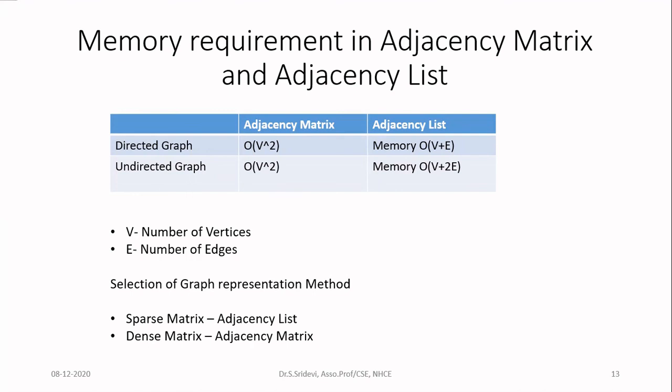That is going to waste memory. So in case of dense graph, sorry guys, there is a mistake earlier. It is not sparse matrix and dense matrix, it is sparse graph and dense graph. If the graph is dense, you will represent it by means of adjacency matrix. So it is up to you which one you are going to decide. Always see with respect to the memory and choose accordingly.